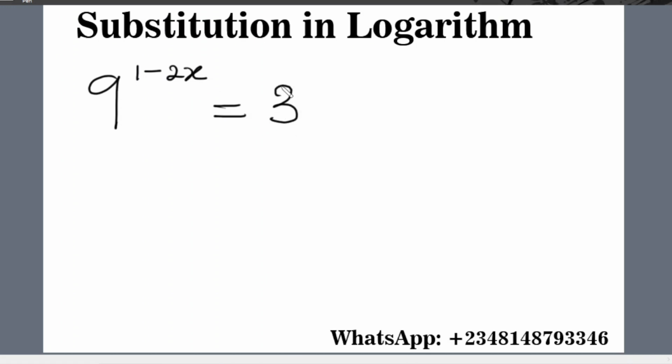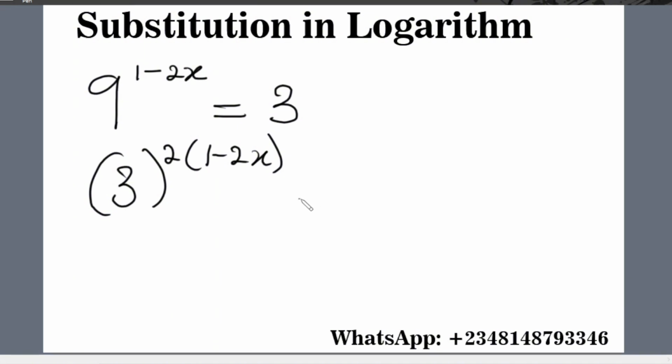Now since we have 3 here, convert 9 to base 3. We have 3 raised to power 2(1 minus 2x) equal to 3 raised to power 1. 3 raised to power 1 is the same thing as 3.